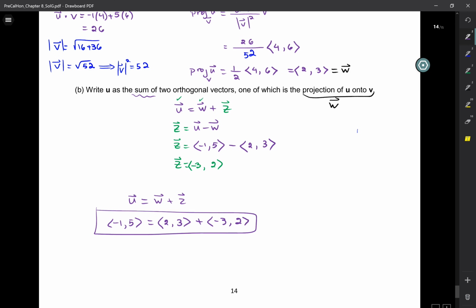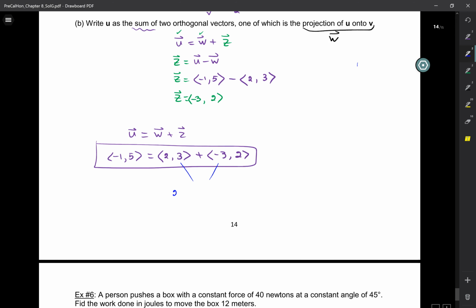What about that word orthogonal? Okay, you know what? For fun, can you find the dot product of those two, please? Let's find the dot product. Oh my gosh. It's 0. So what do we know about those two vectors then? They're orthogonal.